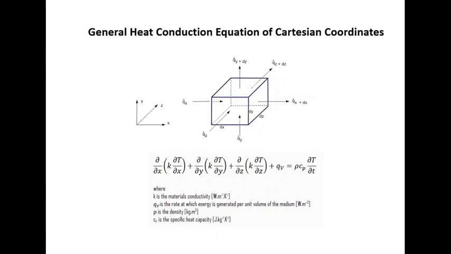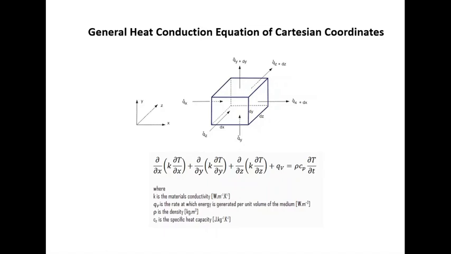As illustrated in the diagram, there is a rectangular shaped element having three axes, three directions, x, y, and z, where dx, dy, and dz are the sides of the small rectangular element.